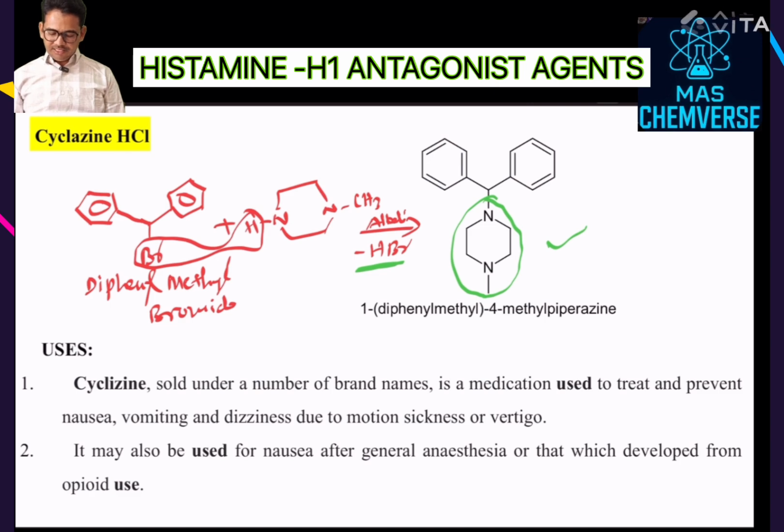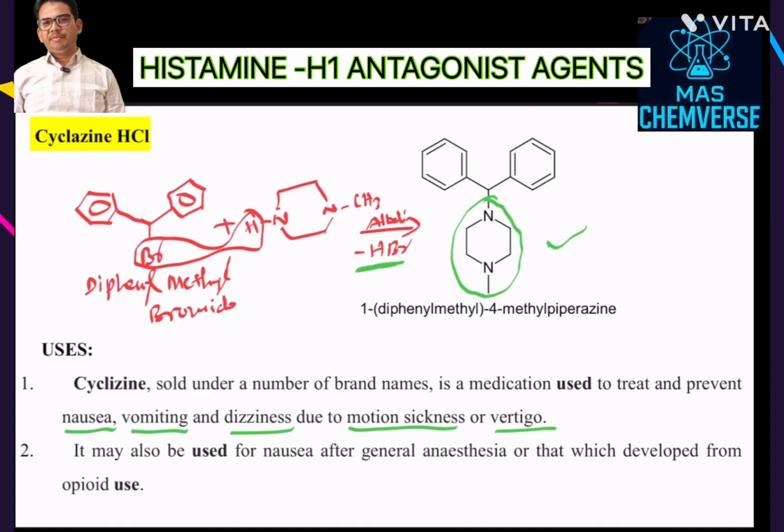Okay, this also has the same uses, like irritation and allergies, that may be nose allergy or eye allergy. But the main thing is that it is very useful because it has piperazine in the structure. It is useful to prevent nausea, vomiting, dizziness, motion sickness, and vertigo.